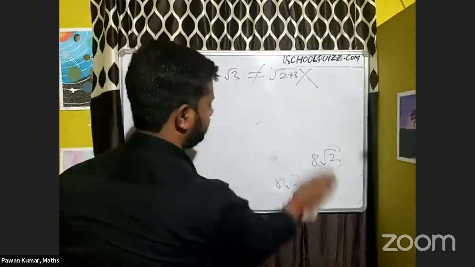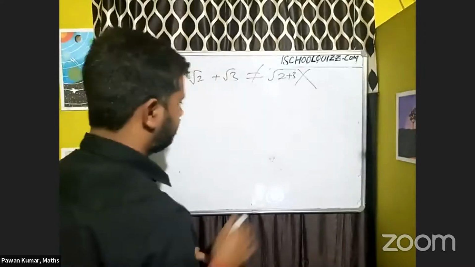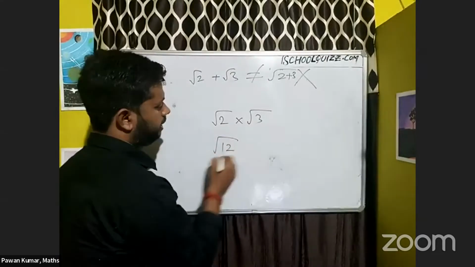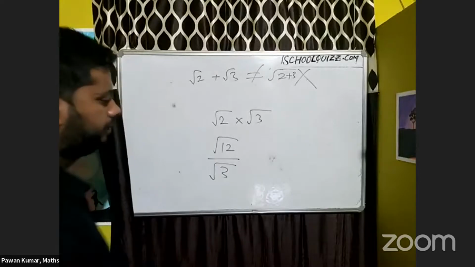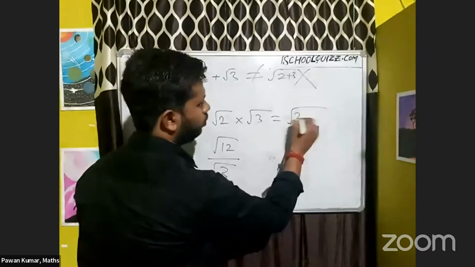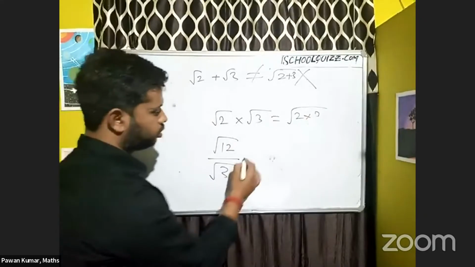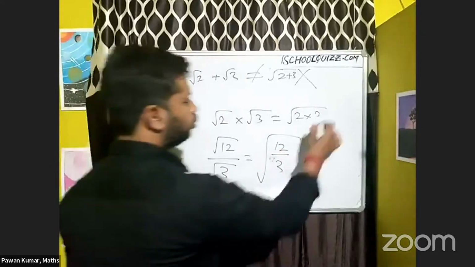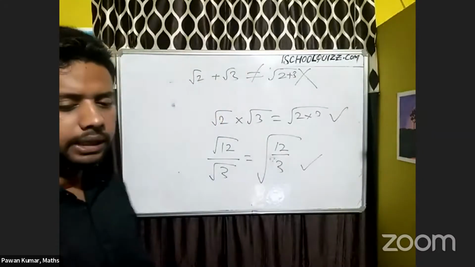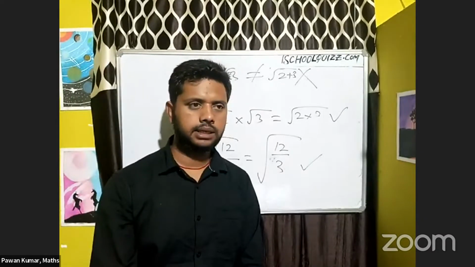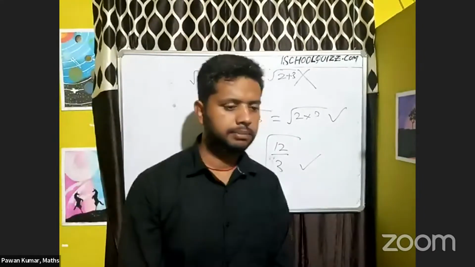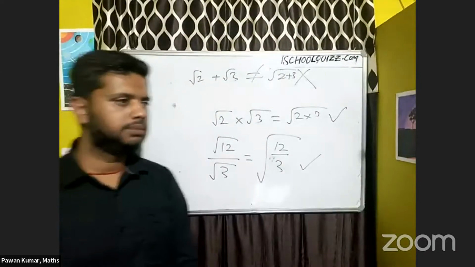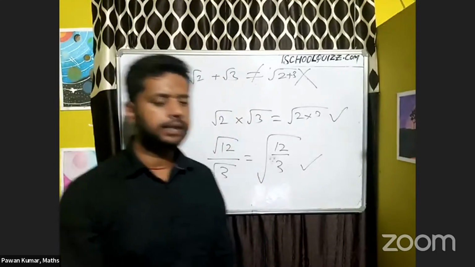We can't add or subtract them, but if it is multiplication and division, suppose this is 12 divided by √3, okay, then we can do it, 2 into 3. We can put both in the same root and do it as 12/3. This I can do. So divisions and multiplications can occur between any surds. Understand? Write the note point there. Divisions and multiplications can occur between any two surds, but addition and subtraction must happen only when the two are like surds.